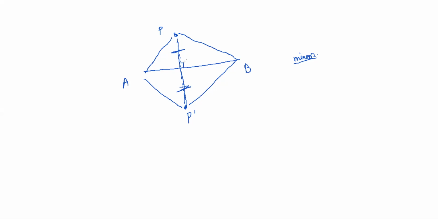We can prove it in between POB and P dash OB, if the intersection is O. We can prove that these two triangles are congruent because this side is equal to this side, this is a common side, and the included angle is equal. So this is SAS, by SAS. These two are done, and then the final is SSS, right? Correct. So the triangle PAB is congruent to P dash AB, right?